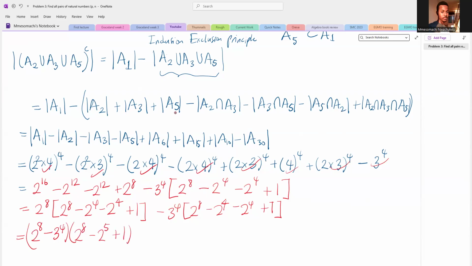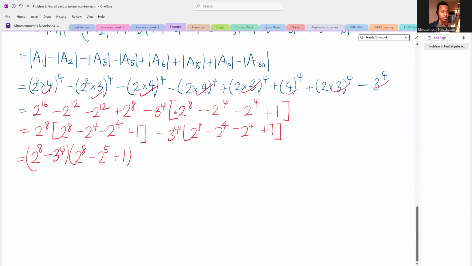Okay. So 2 to the power of 8 is 256. 3 to the power of 4 is 81. So I have 256 minus 32. 2 to the power of 5 is 32 plus 1. Okay, so this is just going to be equal to 175. Okay.